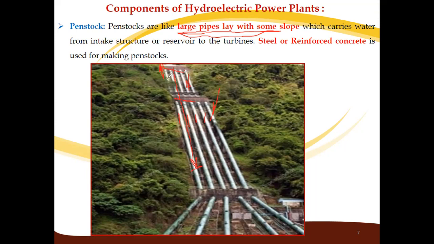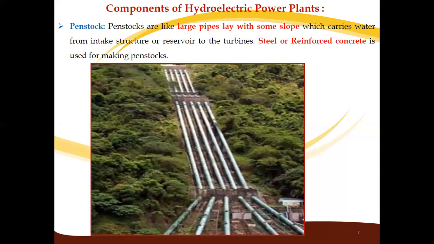So either for short length we use a number of penstocks, or for large length we use one big diameter penstock, which at the end is converted into branches of different penstocks. This is the function and design consideration of the penstock.